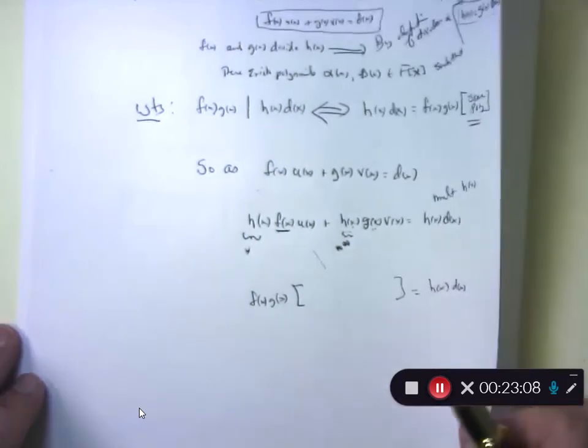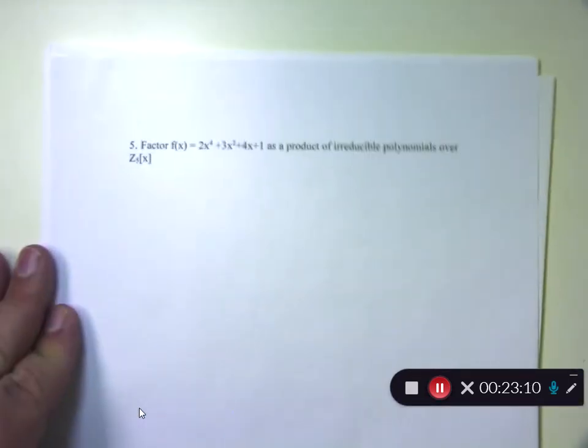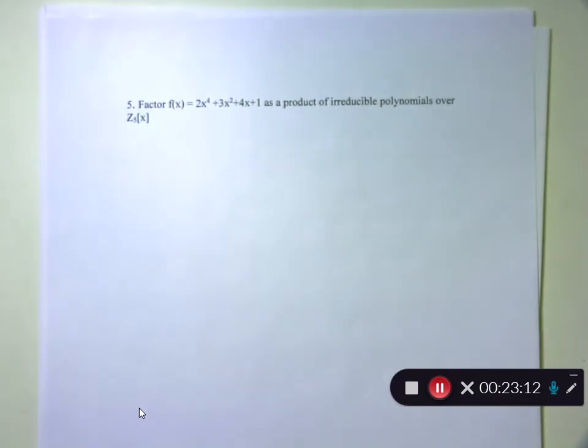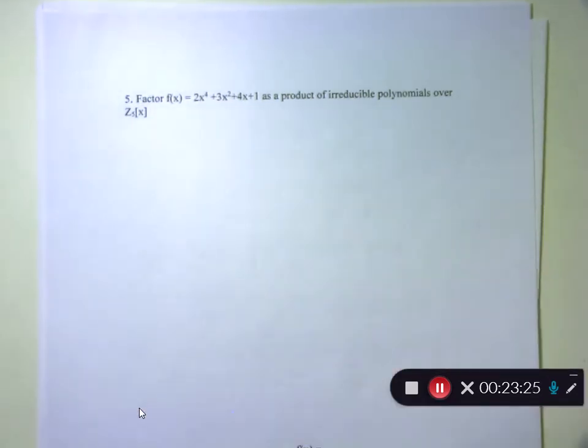The last one on this one was a little bit longer homework for you guys to actually attempt, and that is we want to write this particular polynomial as a product of irreducible polynomials. Now, I gave you this finite field adjoin x. So if you watched my awesome last video on sections 4.3 and 4.4, I talked about this idea, and it goes back to high school from the remainder theorem and the factor theorem.